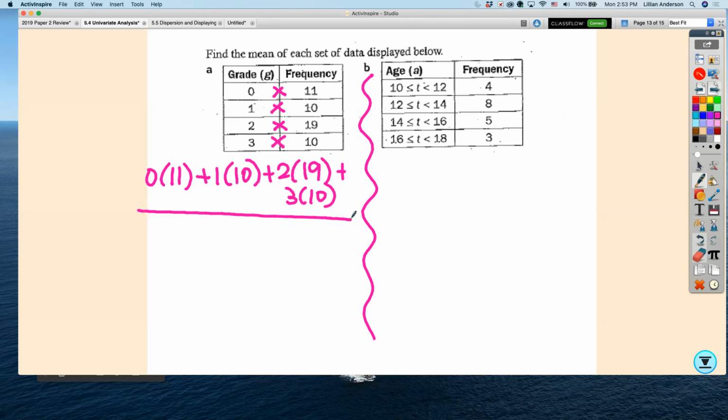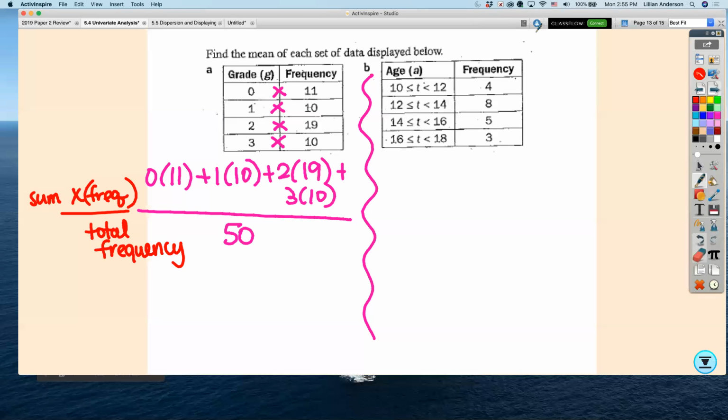And then you divide by your total frequency, because remember, this total will represent how many grades you actually have. What's 11 plus 10 plus 19 plus 10? So figure this out. Do the multiplication, do the sum, divide by 50. So 1.56 would be the mean. That means the average grade was 1.56.